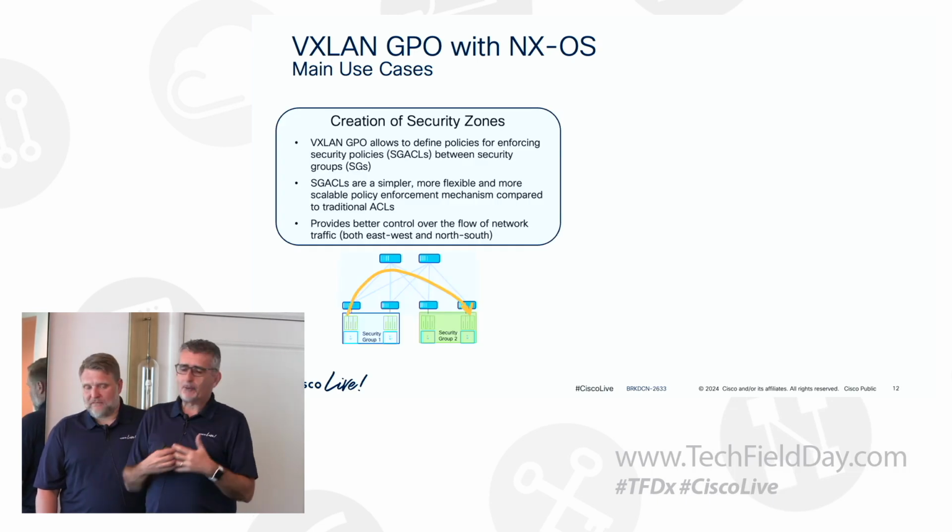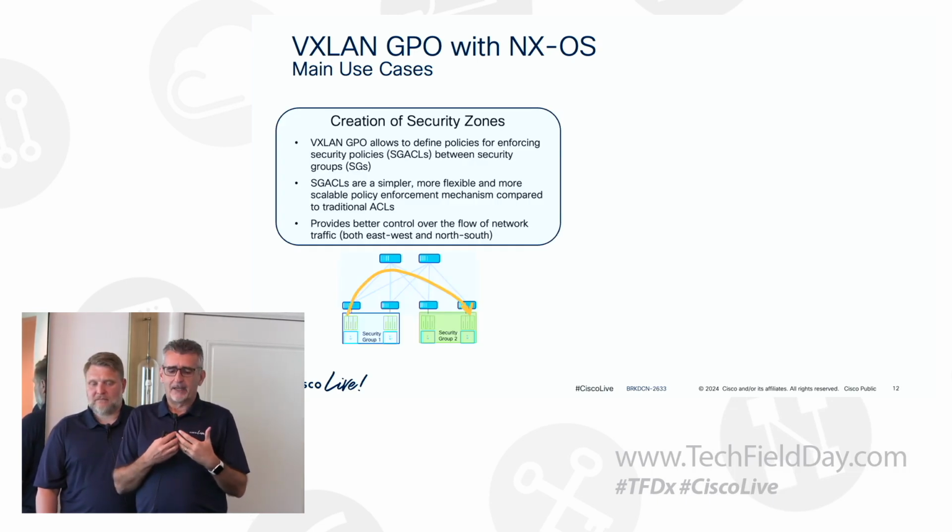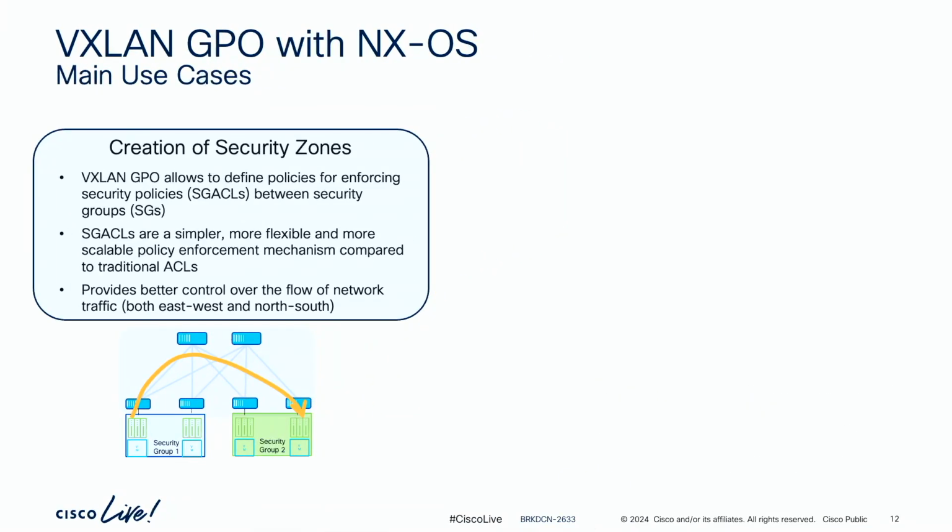So I want to talk more about GPO giving you the capability of creating security zones, giving a better, more scalable and simpler way to create access control lists, right? Instead of having this IP needs to talk to this IP, I can group endpoints into specific groups independently from what their IP is.